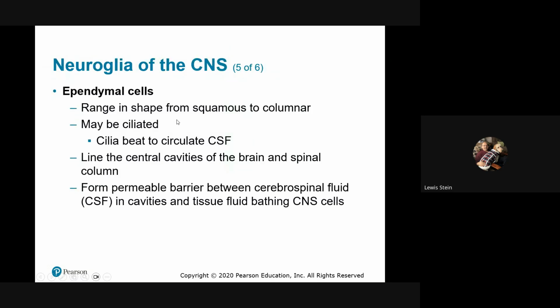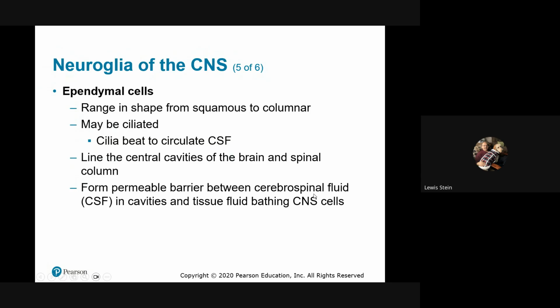Ependymal cells vary somewhat in shape, and may or may not have cilia to circulate cerebrospinal fluid. We saw those when we did the sheep brain dissection. I pointed out to you some areas where we saw dark material. That's really coming from where we see this sort of confluence in external circulation covered by these cells, and they play a role in the generation of the cerebrospinal fluid.